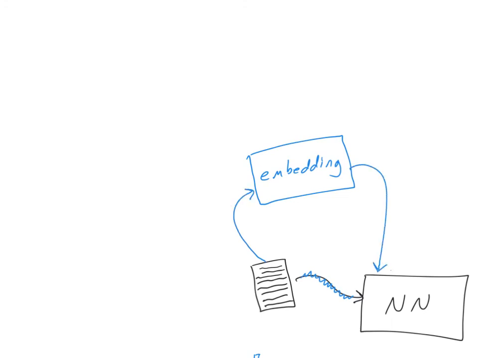And so our approach to doing machine learning on text data will be to first pass our document through an existing embedding, and then use the vectorized representation produced by the embedding as the input to our neural network.